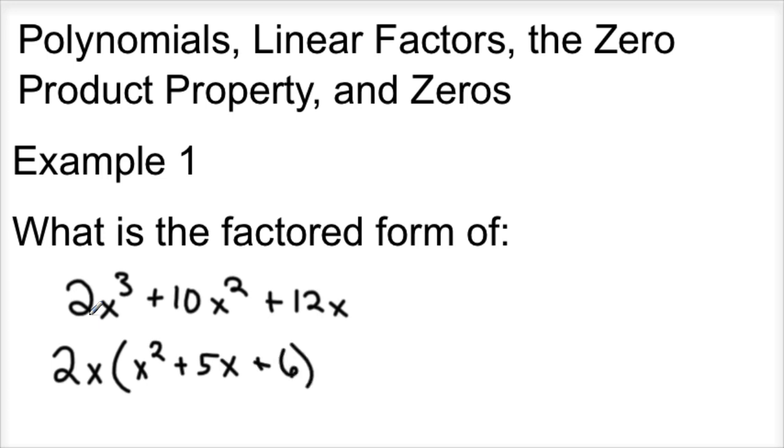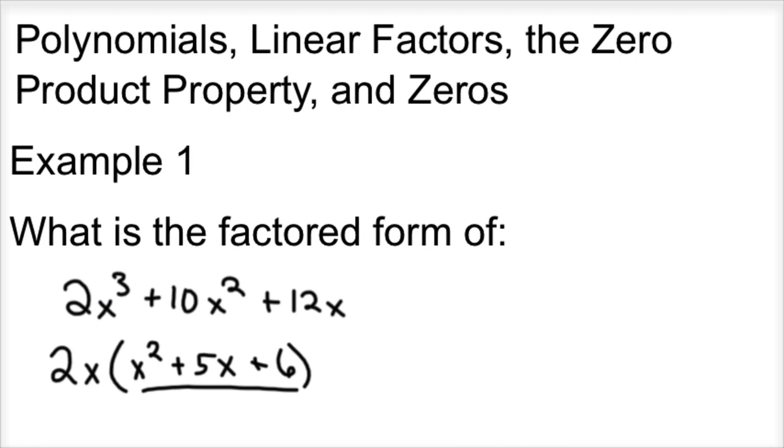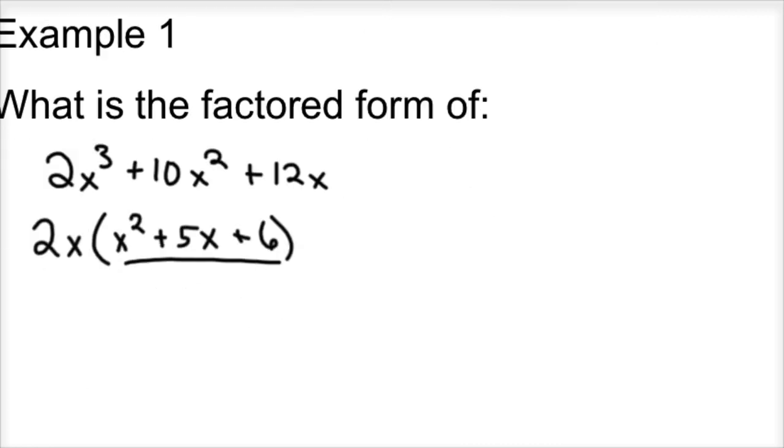Then the second part of this is you can factor that quadratic, x squared plus 5x plus 6. There's lots of ways to factor these. Plus plus is a plus plus on the inside. X squared, the factors of that are x and x.